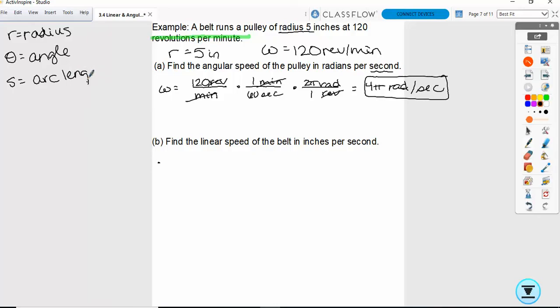What does S represent? We had an omega. What is omega? So what's left? V and T. T is time. So V is linear velocity or linear speed. So we're looking for V in inches per second.